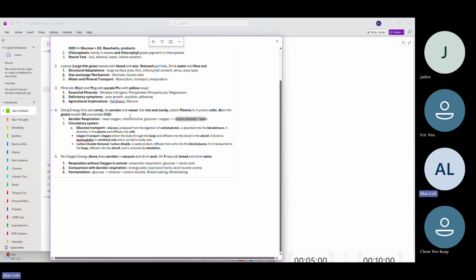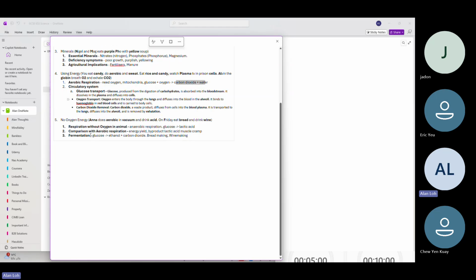So photosynthesis and respiration are opposites in terms of products and reactants. Then there are circulatory systems, which relate to how glucose is transported, how oxygen is transported, and how carbon dioxide is removed from the system in respiration. Respiration is like breathing, okay?